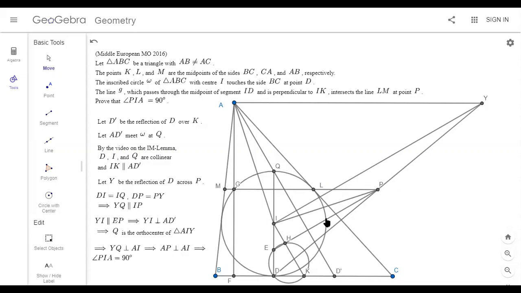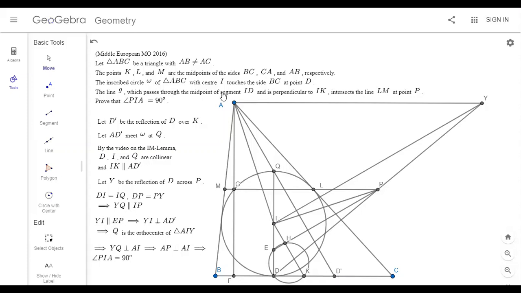We also have YI is parallel to EP for the same reason. So YI is perpendicular to AB prime. So yeah, YI is perpendicular to AD prime.